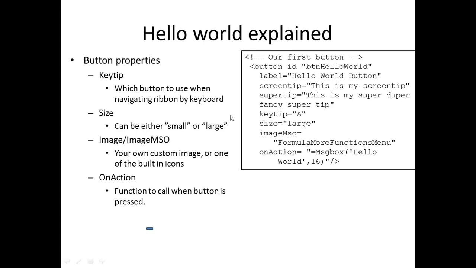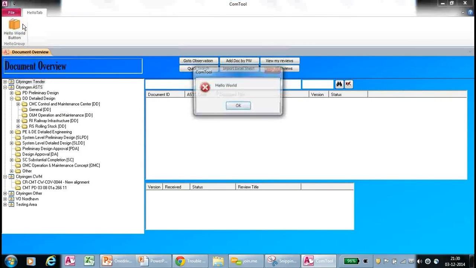It's a function to call when the button is pressed. You see, in this case, I just wrote the message box directly in the on action. Could also have a function name here, but as you see, I just wrote message box hello world, comma 16. Now 16, that's the constant that will show this critical X. I can't use the VBA constants.